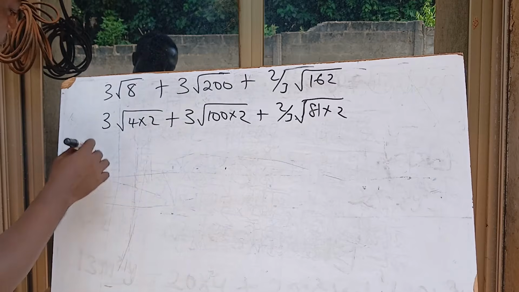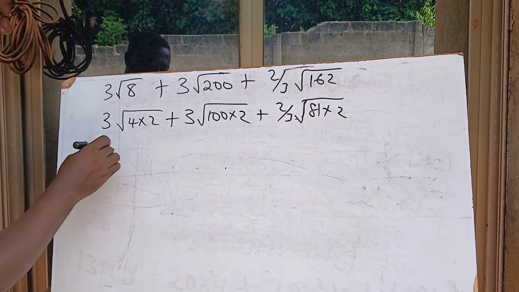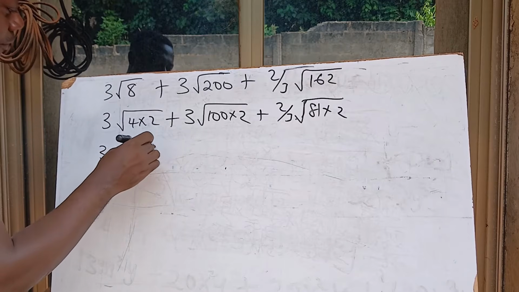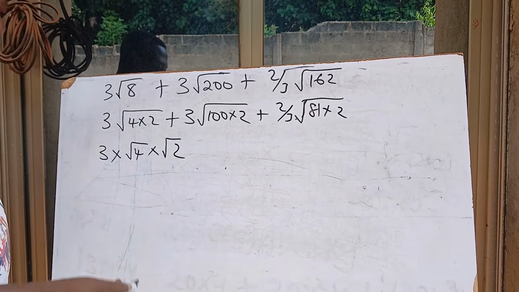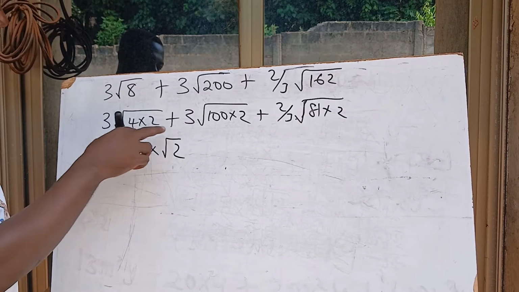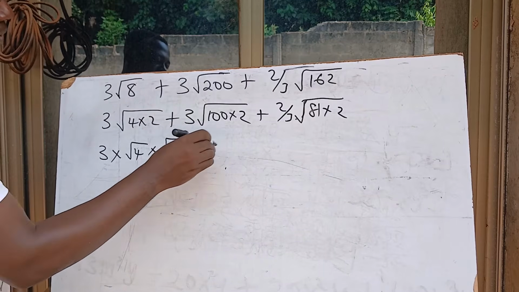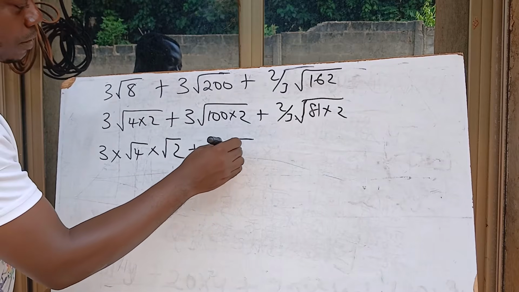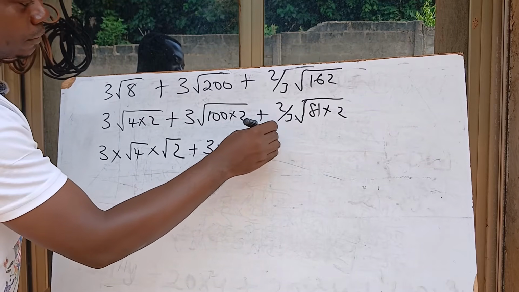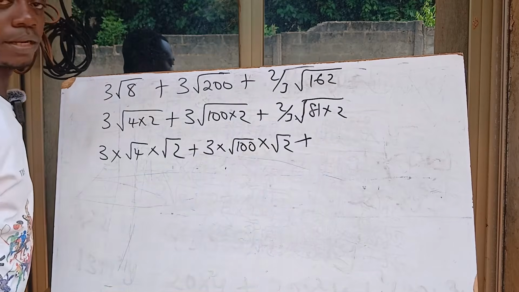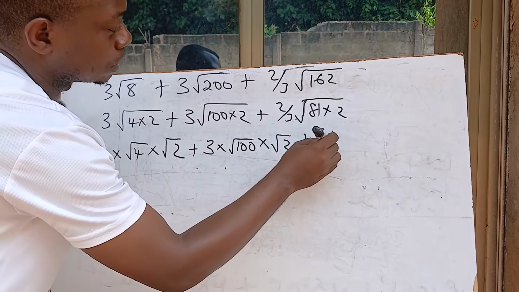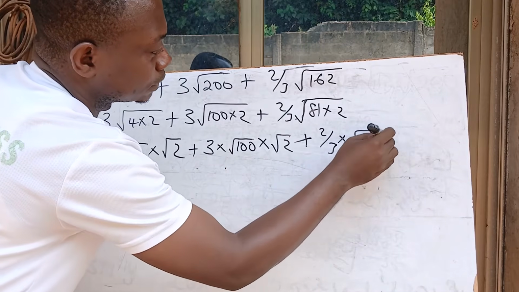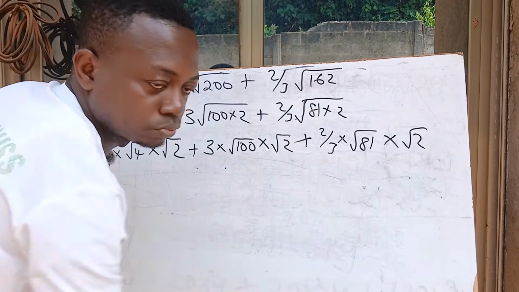Now this one is the same as 3 times, and we can write this one as square root of 4 times 2. So this one is the same as 3 times that, and this one can be written as that, plus 3 times square root of 100 times 2, plus 2 over 3 times square root of 81 times square root of 2.